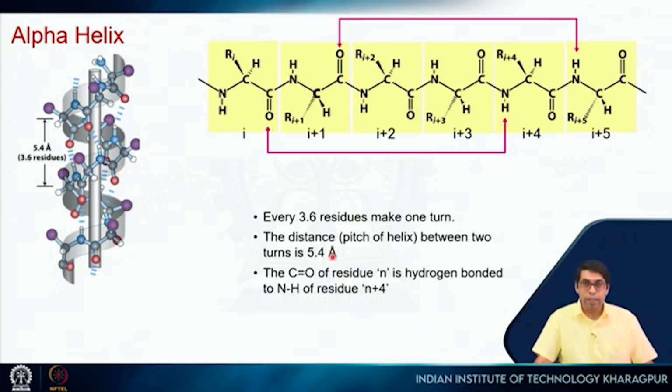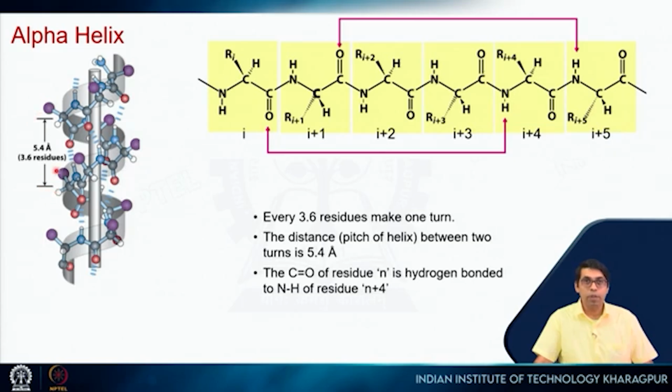So here are some of the characteristics of the hydrogen bond. I told you that the pattern is I plus 4 or N plus 4. If we go like this, then 3.6 residues make 1 turn. So in 1 turn there is not an integral number of amino acids. It is not 3, it is not 4, but it is 3.6, and the distance or the pitch of the helix between 2 turns is 5.4 angstrom.